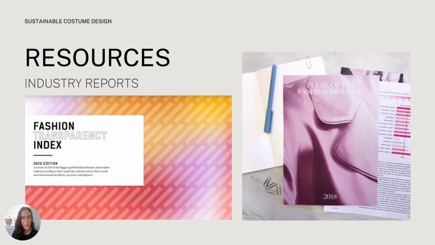One of them is by Fashion Revolution, the Fashion Transparency Index. They also have a ton of other reports and indexes on their website, so check out Fashion Revolution for sure. And also the Pulse on Fashion report. There's a few different iterations of this, a really amazing overview and report of how the fashion industry is doing in all these aspects of, again, accountability, traceability, transparency, sustainability, etc.